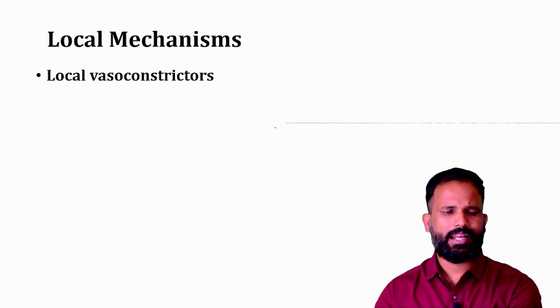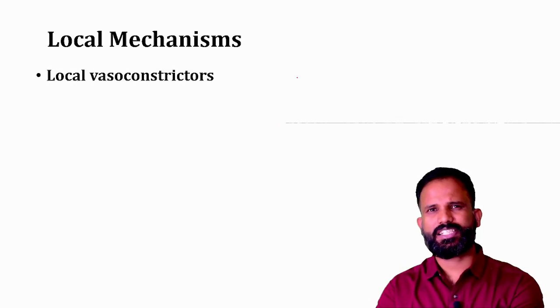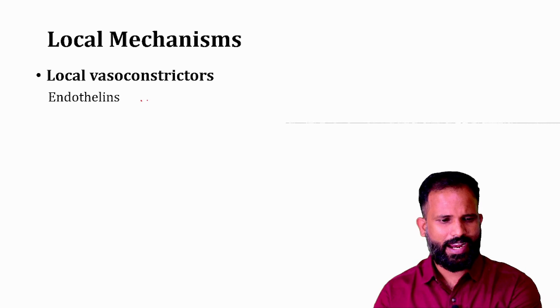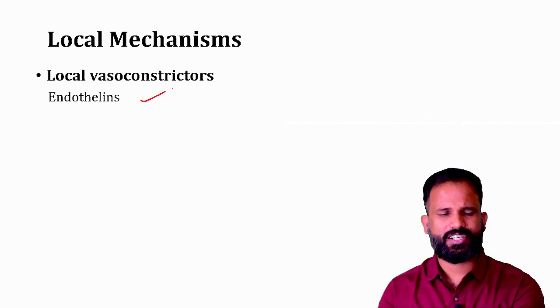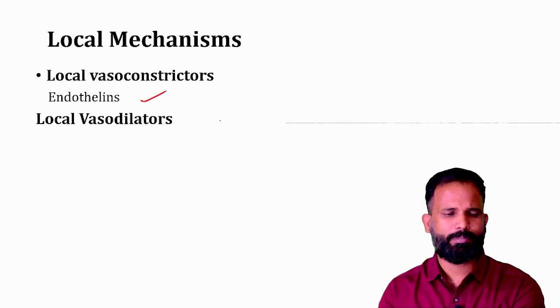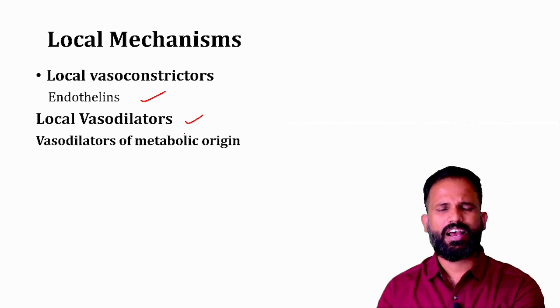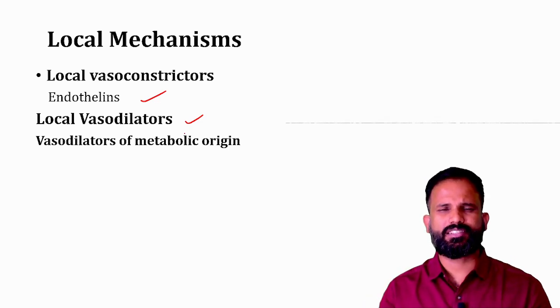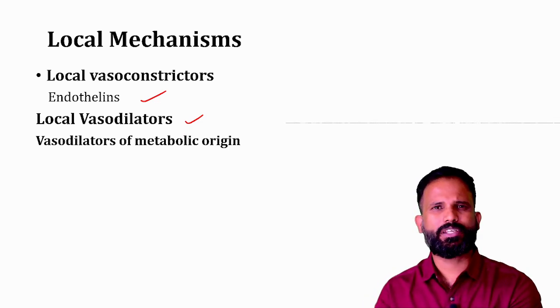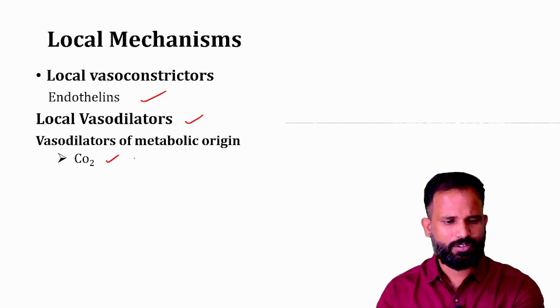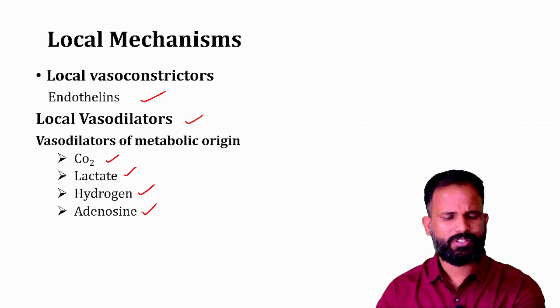And the local mechanism, local vasoconstrictors like endothelins, which cause vasoconstriction, they also affect the BP, and local vasodilators. So vasodilators of metabolic origin. So if vasodilatation occurs, the peripheral resistance is lowered there, so DBP is lowered there. So carbon dioxide, lactate, hydrogen, adenosine.